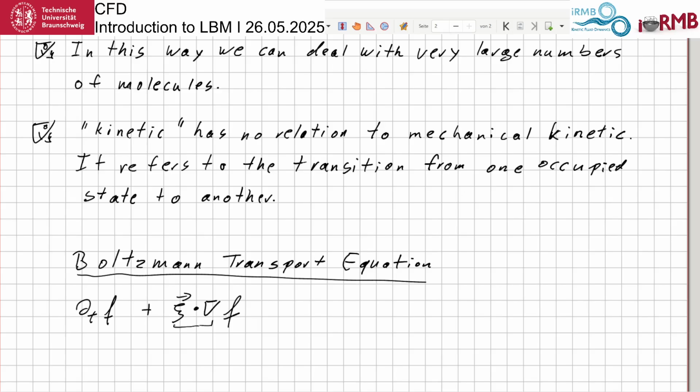This is an advection operator. And on the other side, we have a collision operator that acts on f, a binary collision operator. So this here is the change in time. So this is a linear advection operator.